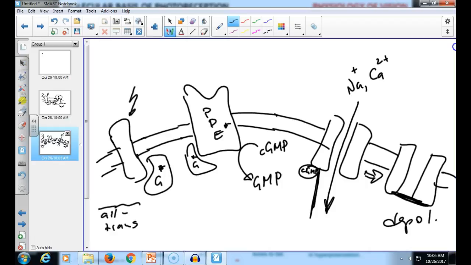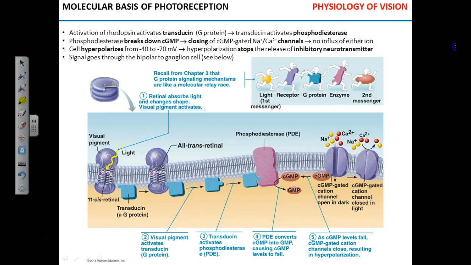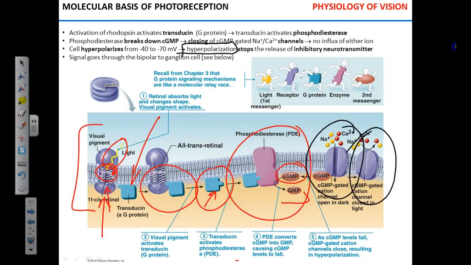Does that make sense? Good? If you can sort of recount, that's sort of a take-home message from that picture. If you can recount the sequence of events, that is perfect. That's what you need. There are going to be several questions regarding that.